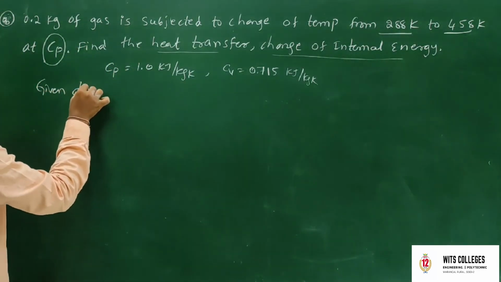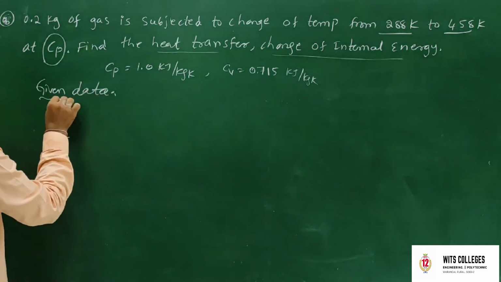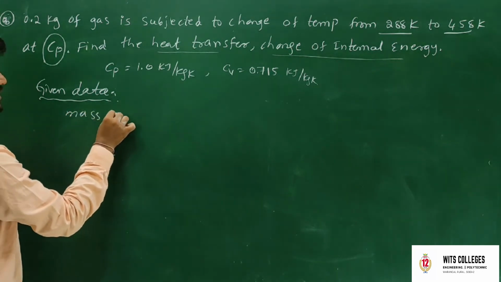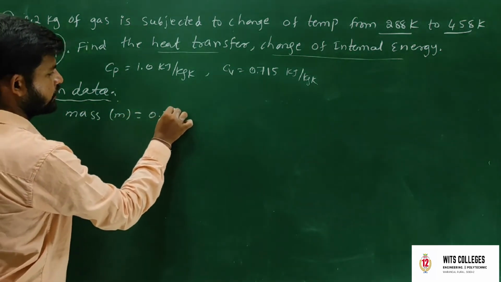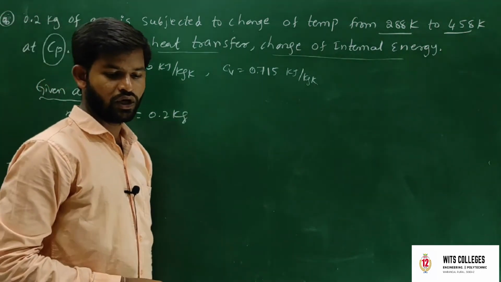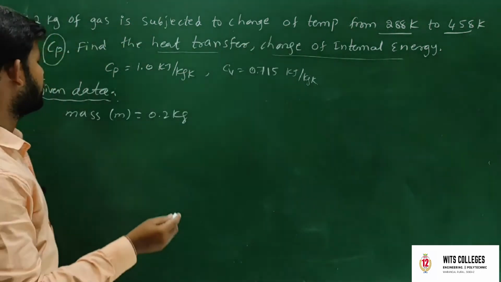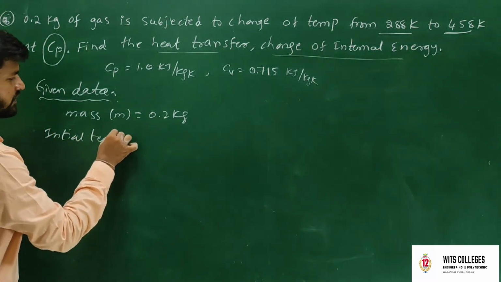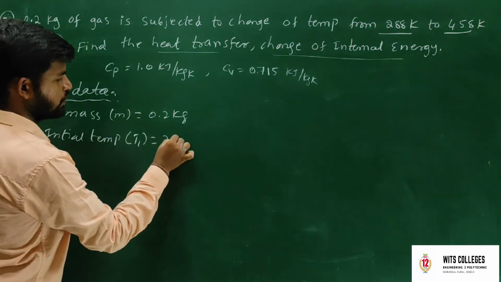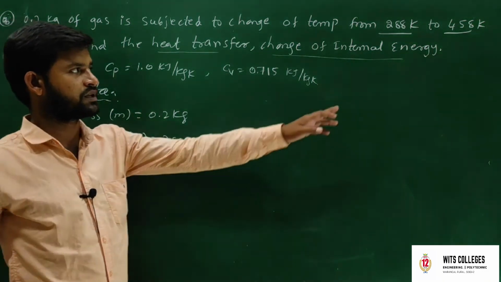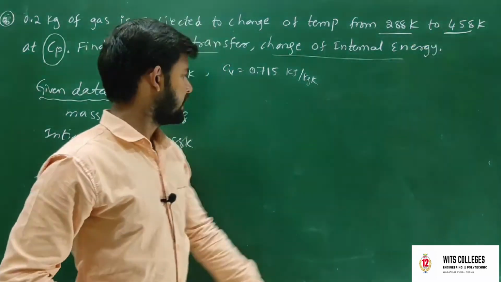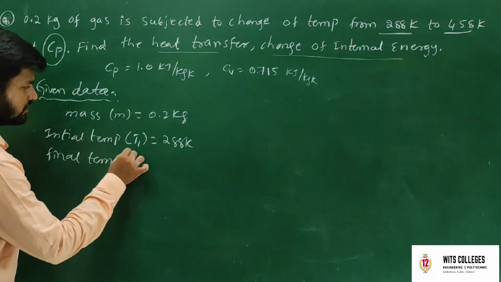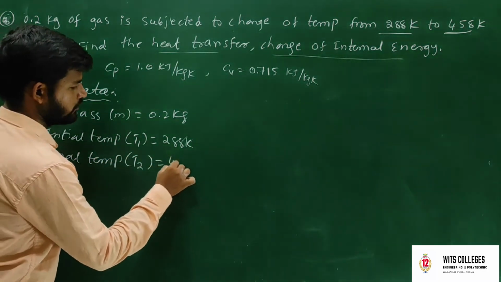First, we write the given data. The mass of the gas m equals 0.2 kg, initial temperature T1 equals 288 kelvins, and final temperature T2 equals 458 kelvins.